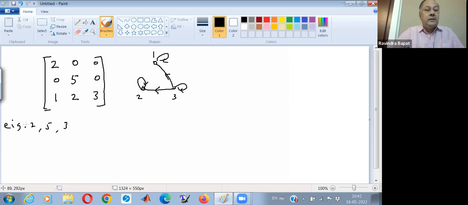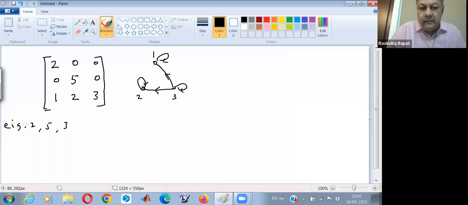But now I am interested in only those eigenvalues which have a non-negative eigenvector. For a positive matrix, we showed that if there is an eigenvector which is non-negative, it must correspond to the spectral radius. The same thing essentially we did for irreducible. But this is reducible.